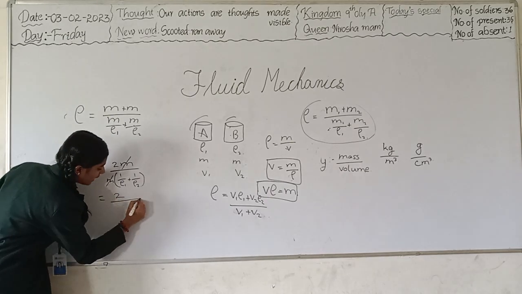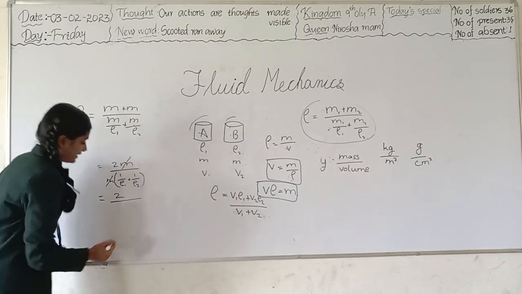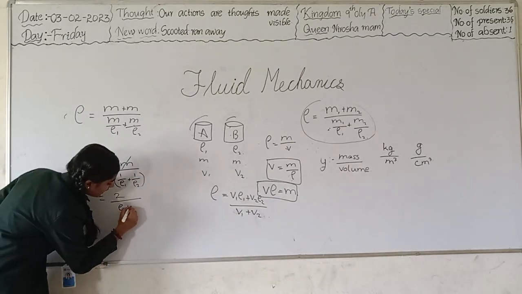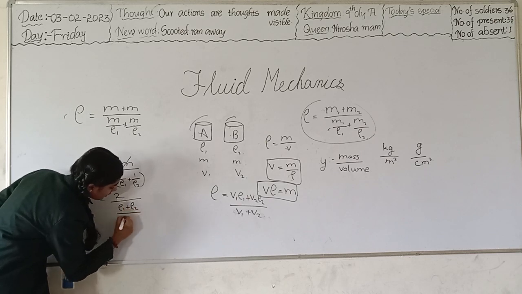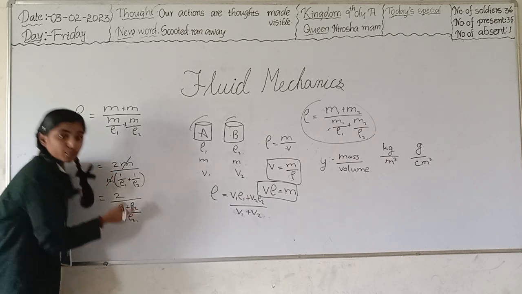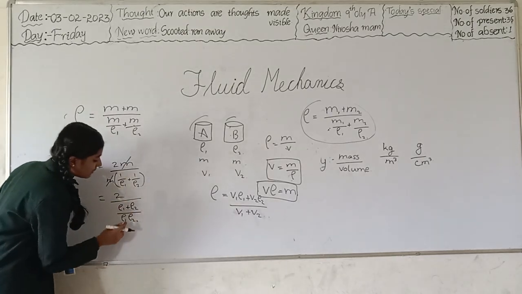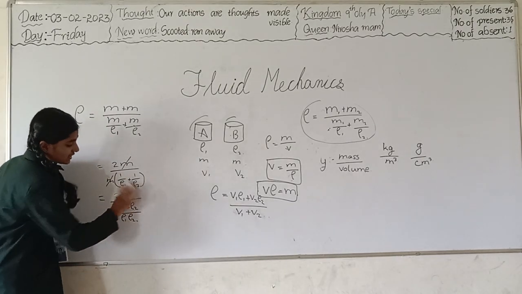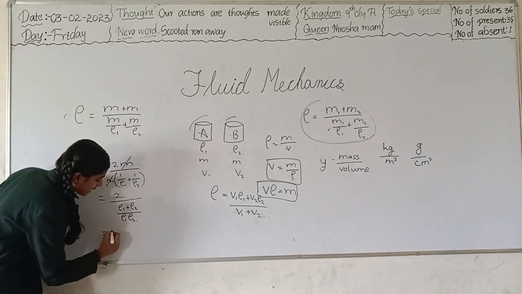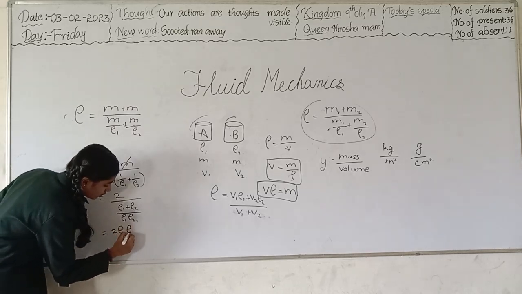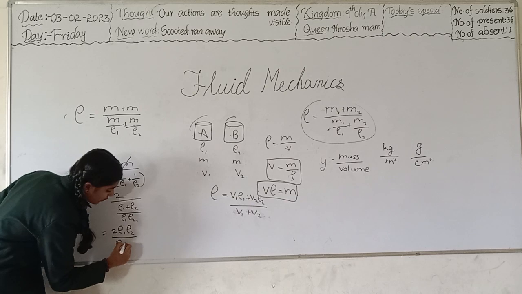So, 2 by, and we can simplify this as rho 1 plus rho 2 by rho 1 rho 2. I hope you all know the LCM. So by that we can simplify this, and when we take the reciprocal, we get 2 rho 1 rho 2 by rho 1 plus rho 2.